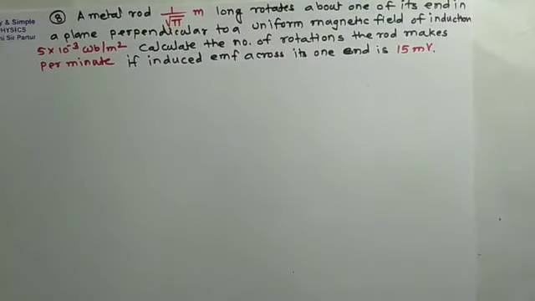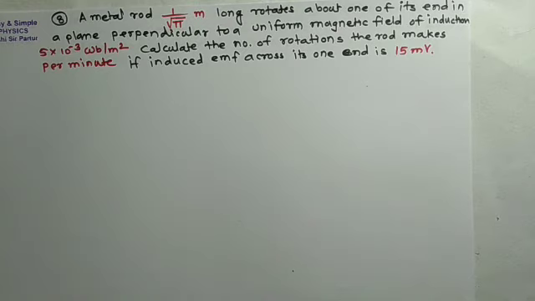Again, let us solve another numerical. A metal rod of length 1 upon square root of pi meter rotates about one of its ends in a plane perpendicular to a uniform magnetic field of induction 5 into 10 to the power minus 3 Weber per meter square.